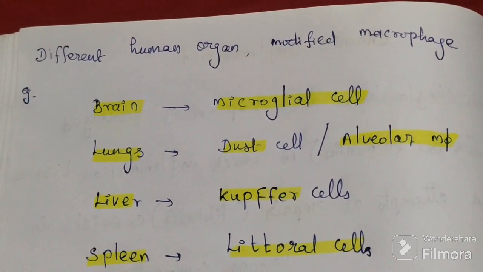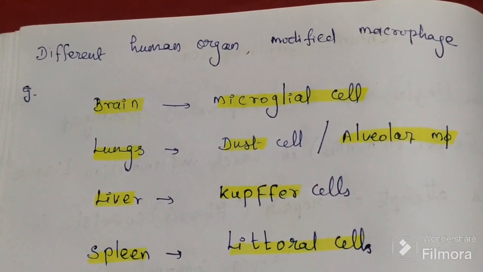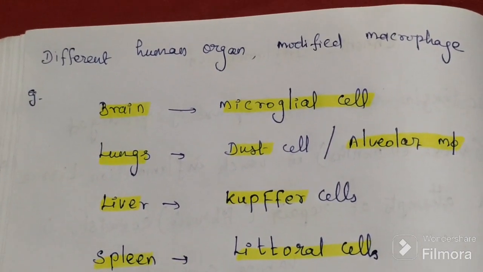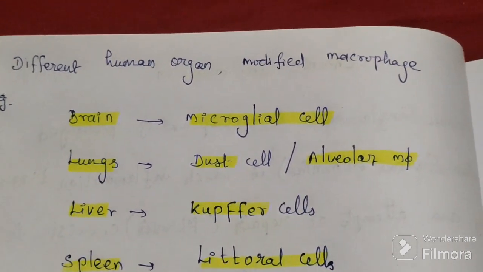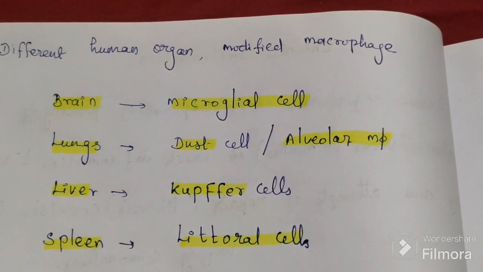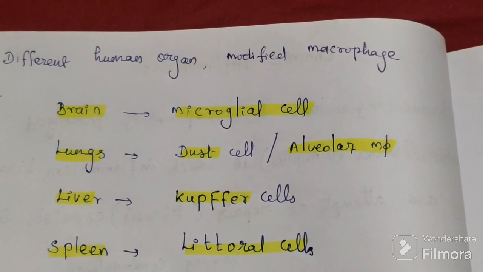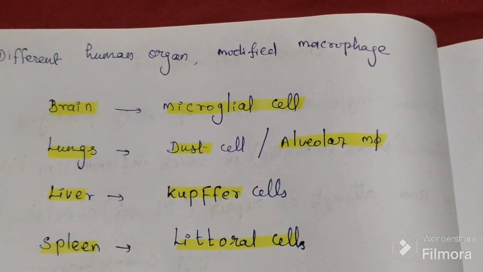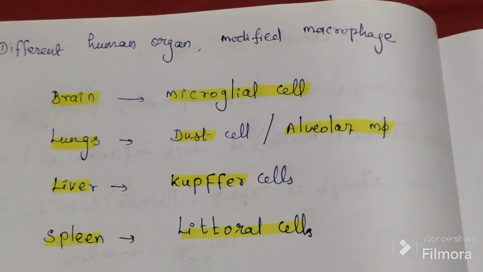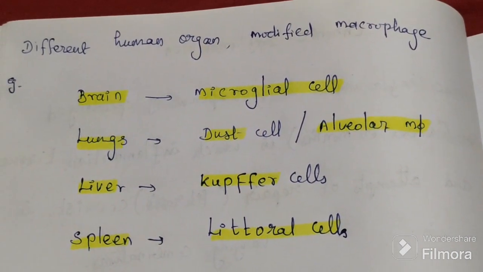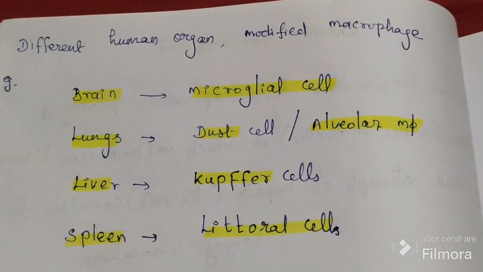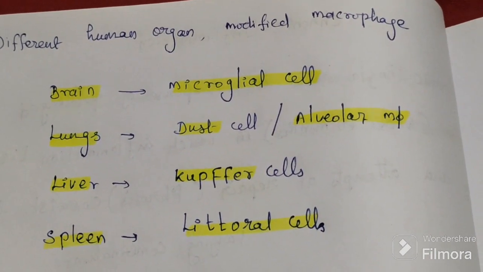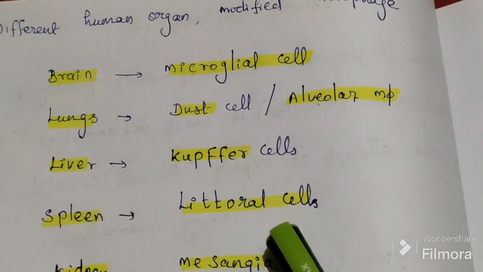In different human organs, the modified macrophages are named differently. For example, in brain, the modified macrophages are microglial cells. In lungs, they are dust cells or alveolar macrophages. In liver, they are known as Kupffer cells. In spleen, they are known as littoral cells.